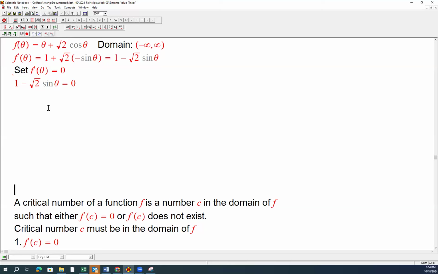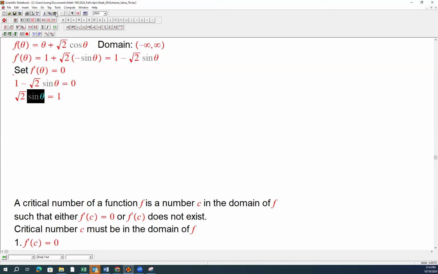We're going to get root 2 sine theta equals 1. We just move this term to the other side.